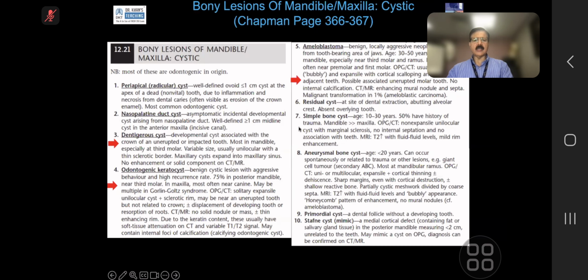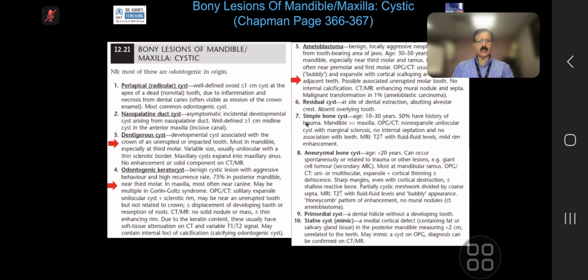Now, lytic lesions in the mandible or maxilla, this is the differential diagnosis. So candidate two, one of the things is that you were mixing up the concepts of periapical cyst, which is because of the caries, and that's a totally different radiological appearance versus a dentigerous cyst.